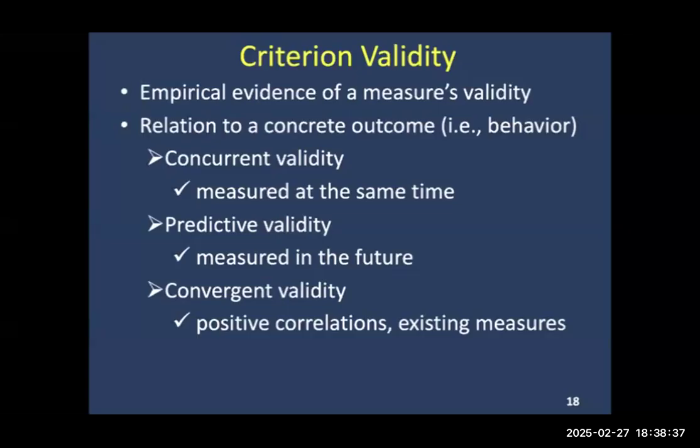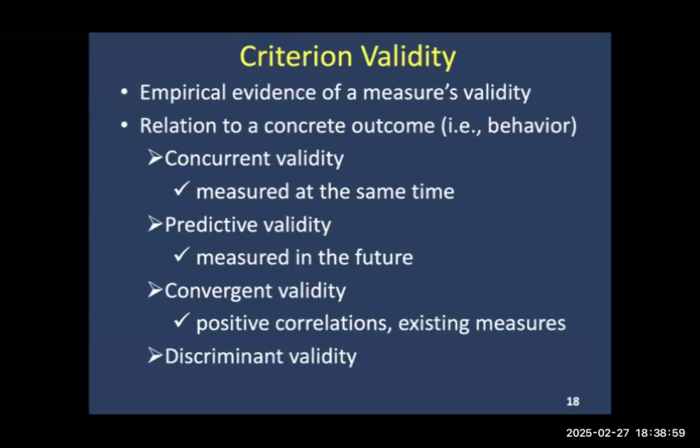So convergent validity is different from concurrent validity because it does not have to be at the same time. Concurrent validity has to be data collected at the same time. That's the biggest difference between concurrent and convergent validity. And then the last one is discriminant validity.